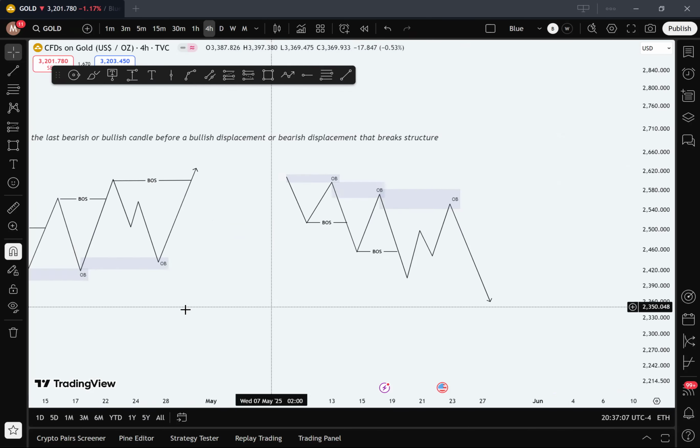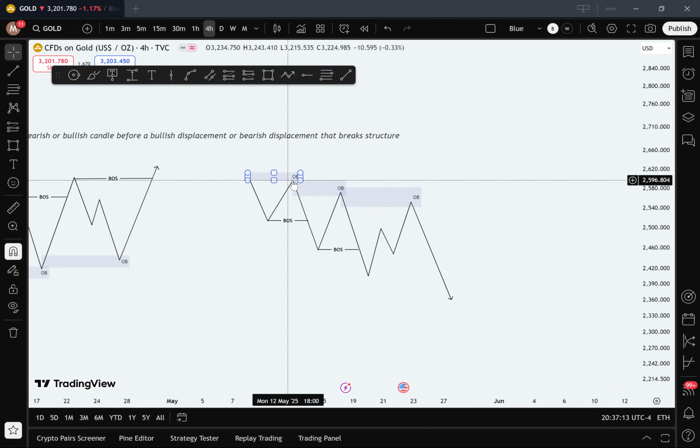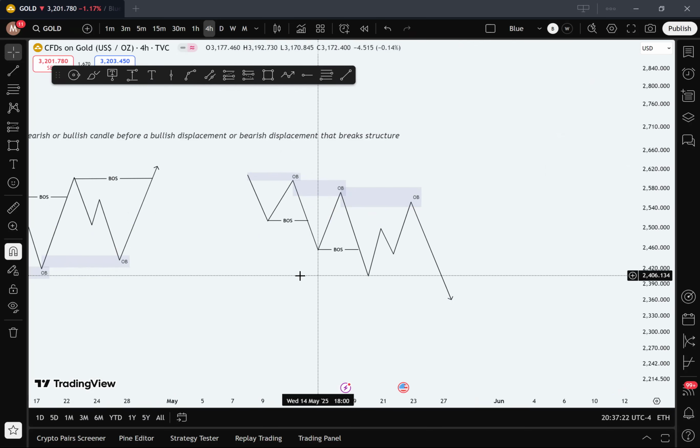When we talk about a bearish order block, an order block that takes price down, that one too is the last bullish candle before a displacement that breaks structure. When I say displacement, I mean the fastness of price: price displaced faster, with energy and momentum, and broke structure.